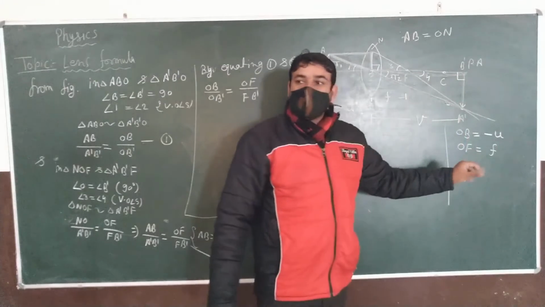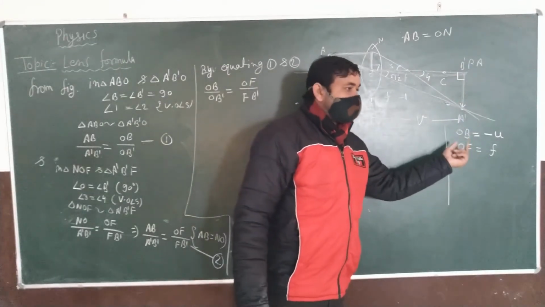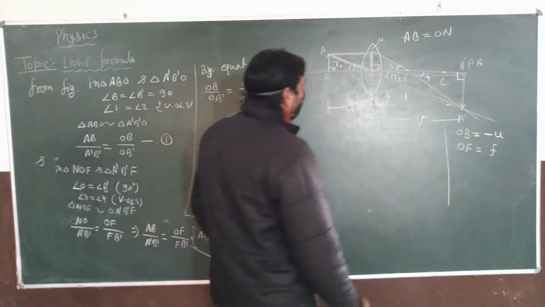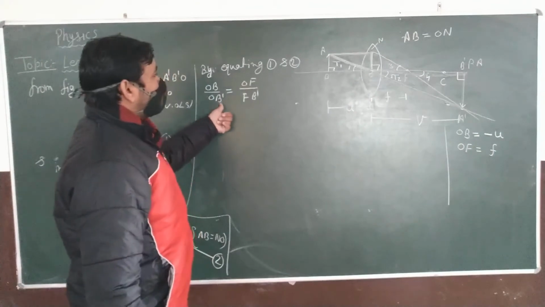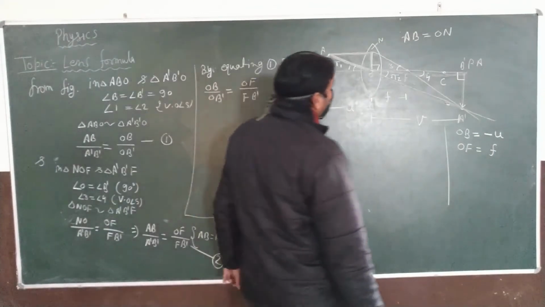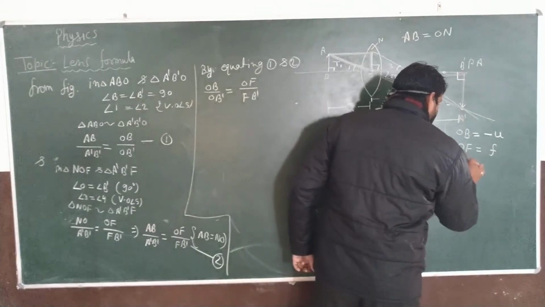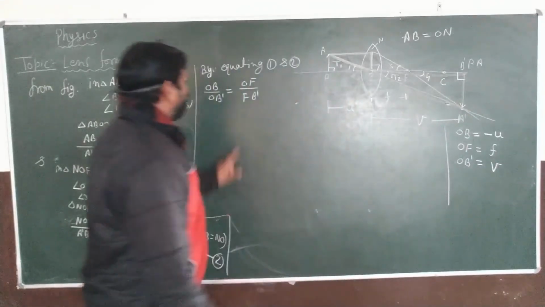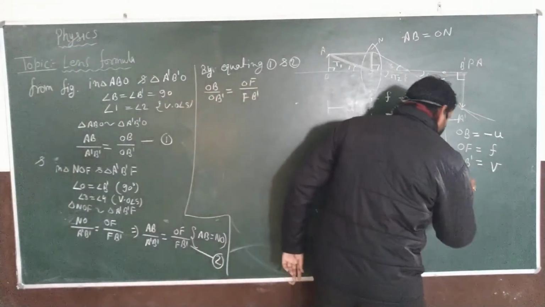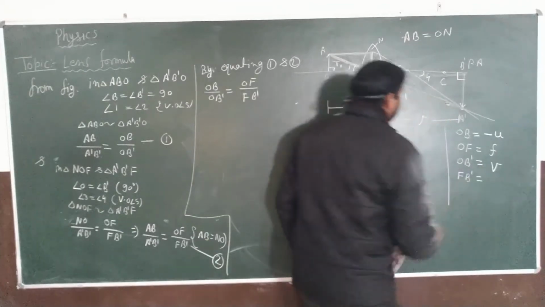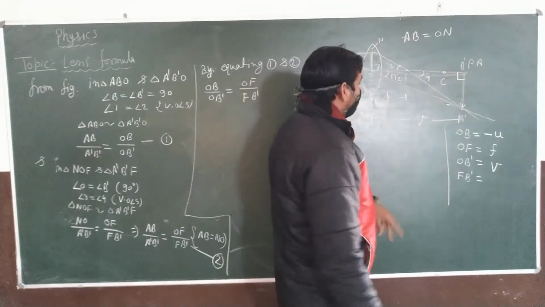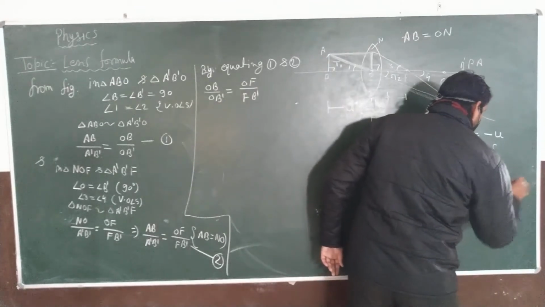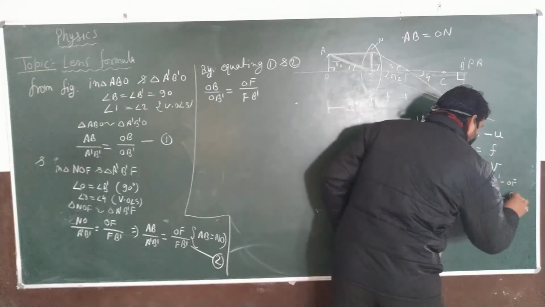We are using all the values of distances by the sign convention of the Cartesian axis. Next, OB dash is the distance of the image, and next we have FB dash. This value we calculate by OB dash minus OF, which is v minus f.